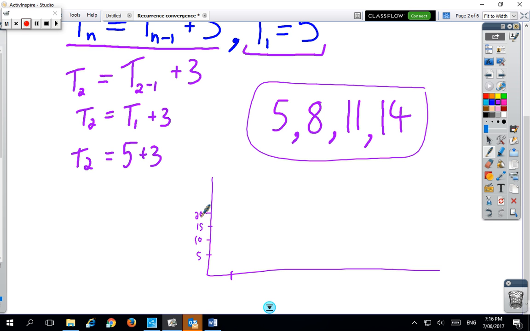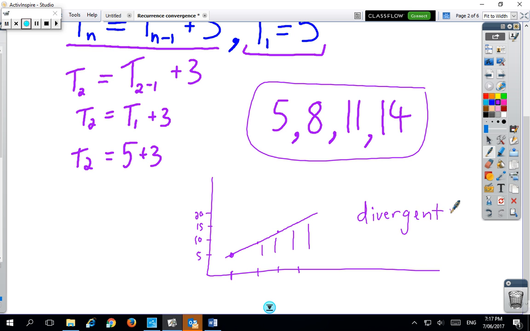Term 1 was 5. Term 2 was 8. Term 3 was 11. Term 4 was 14, and so on and so on. What we would say about this one is, if we started here, it's moving away from our starting point because it's getting further and further away from our starting point. We would call this one divergent.